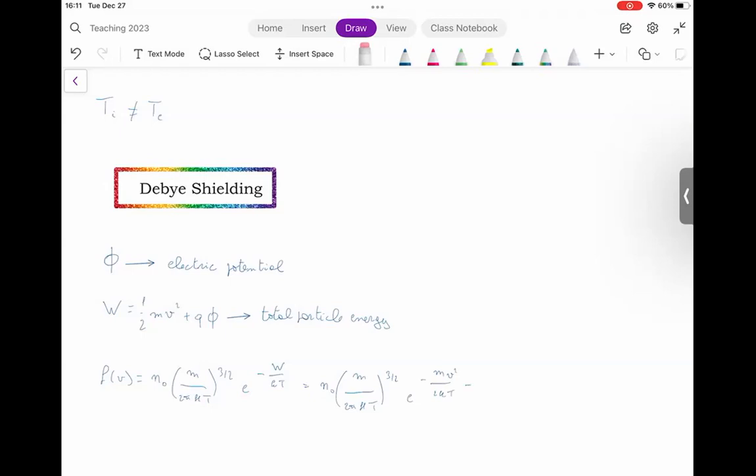And let me write this separately, times another exponential that's going to have the electrostatic potential and then kT in the denominator.